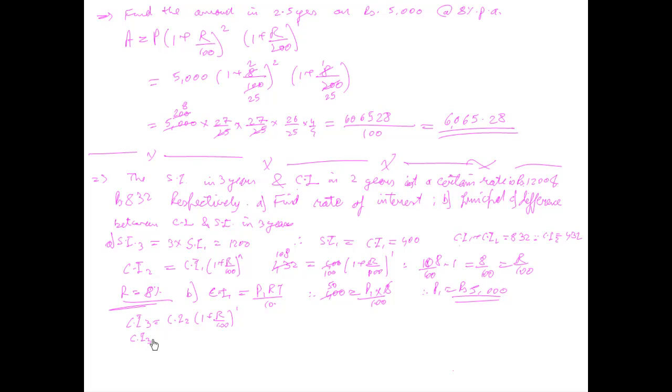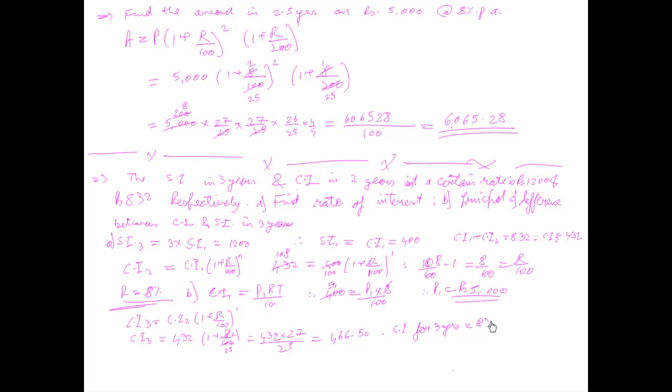That's CI3 is equal to 432 (1 + 8/100); 100 cancels with this 25 times, cancels with this 2 times, to give you 432 times 27 by 25. This children will give you 432 times 27 divided by 25, numeric value of 466.50.